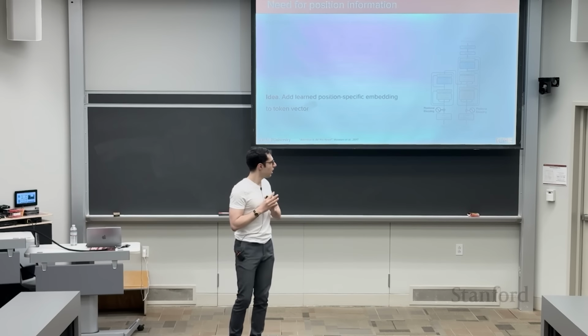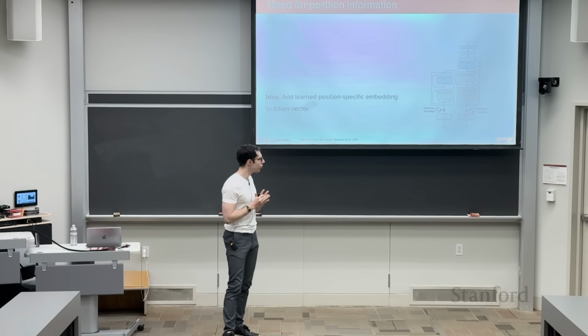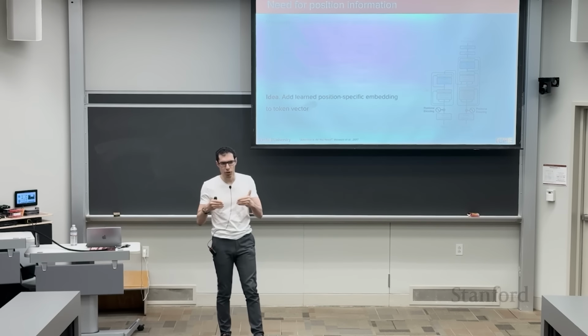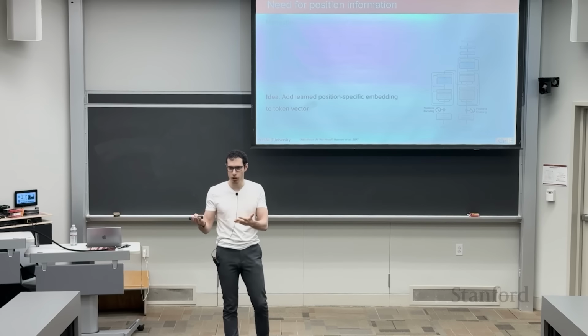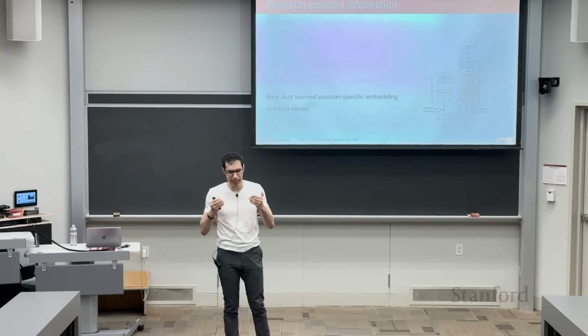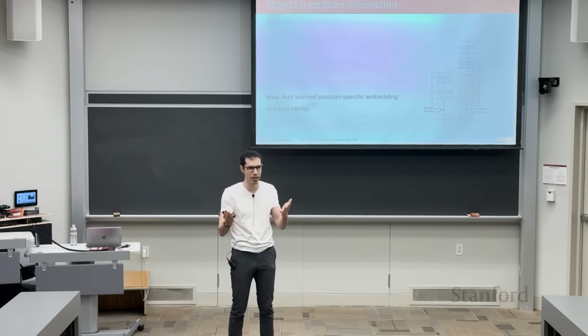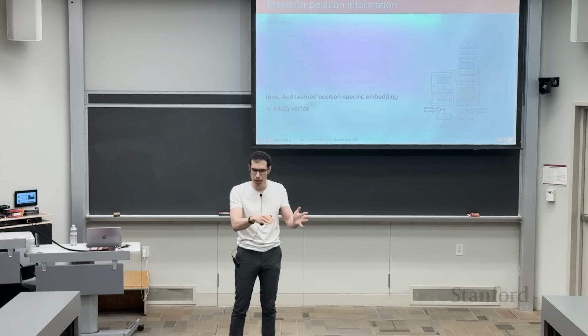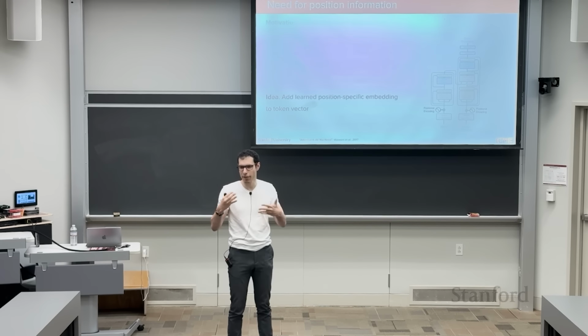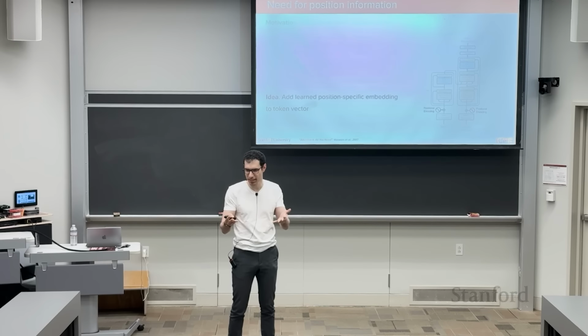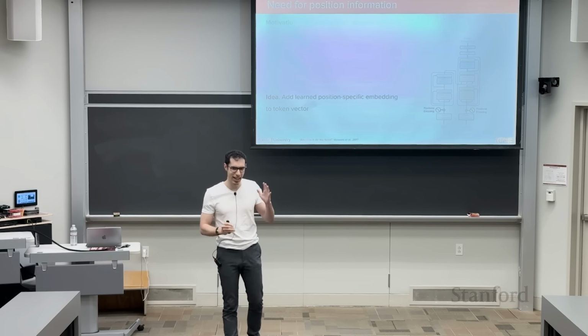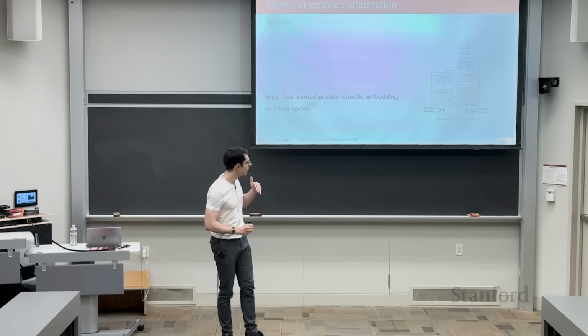The problem with this approach is that you're very much dependent on what is in your training set. For instance, if you have a text that always has something happening at position number 2, your learned embeddings will have that bias. So that's one limitation.